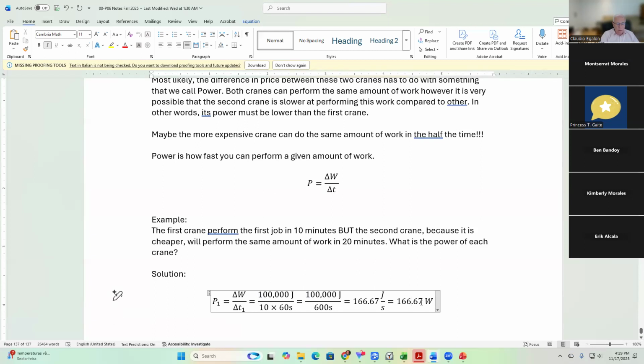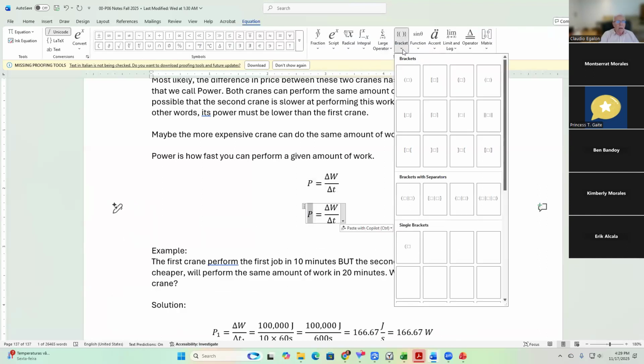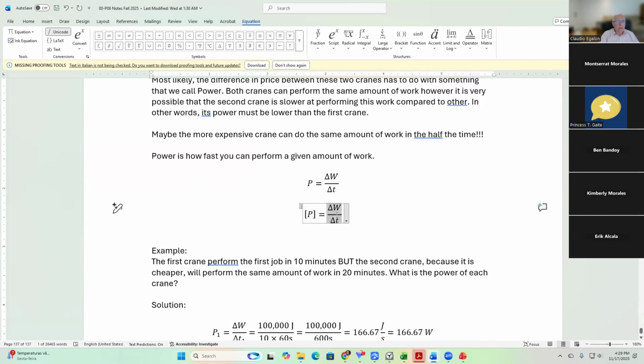But this unit appears so frequently in physics that we give it a name. We call it watts. And I'm going to write that down here. Square brackets, square brackets for one, square bracket for the other, right?